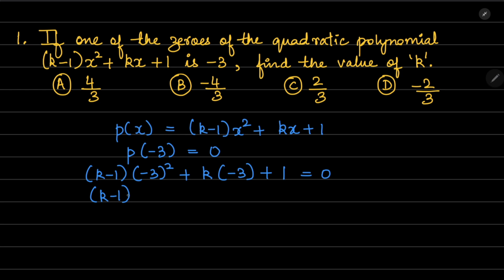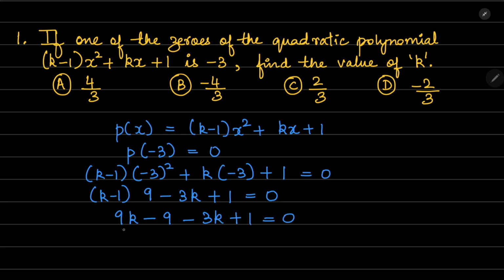So (k minus 1) multiplied by minus 3 into minus 3 is plus 9, minus 3k plus 1 is equal to 0. So multiply 9 with k and 9 with minus 1. So 9 into k is 9k minus 9 minus 3k plus 1 equal to 0.